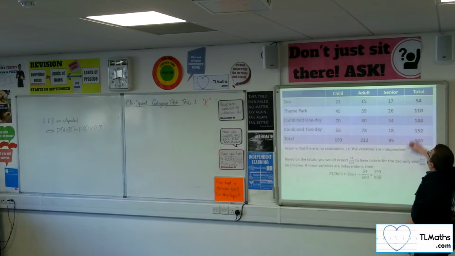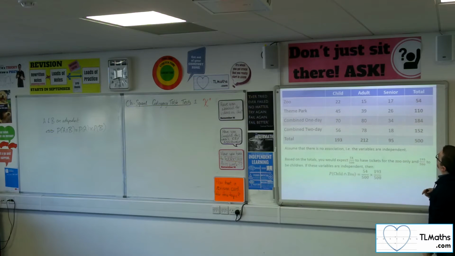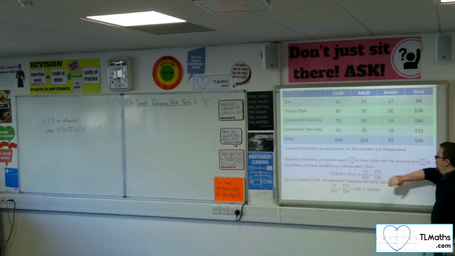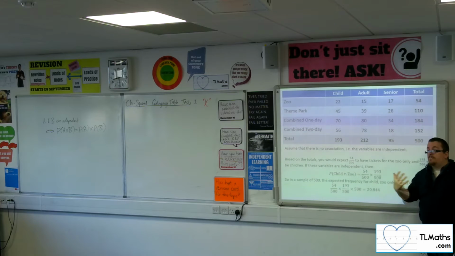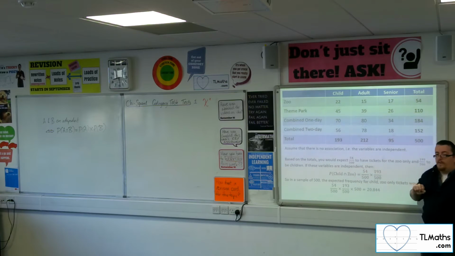So if I multiply those two, 54 out of 500 and 193 out of 500, I would be hoping to get something close to this number here. So I work out what that probability is. If I multiply it again by 500, this will give me the expected number that I would get if they are independent. And I get 20.844, which, as you can see, is reasonably close to the number that I've got in that cell.